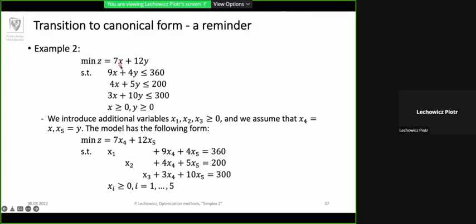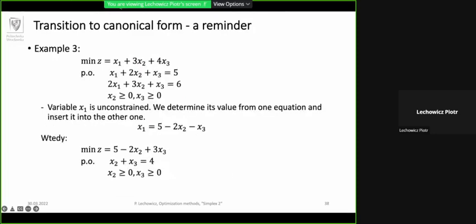We assume that x is equal to x4, we will name it x4, y we will name x5, and we introduce 3 variables, x1, x2, x3. And if we add those variables to these equations, we can replace the inequality constraints with the equality constraints. And this is our third example.